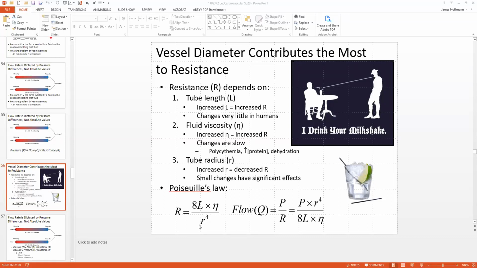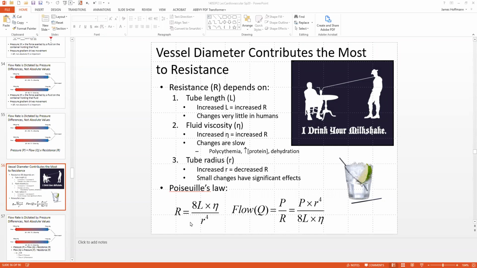The other thing that makes the radius even more important is that it's raised to the fourth power in Poiseuille's law, which tells us small changes in radius have huge effects on resistance, and they're inversely proportional.